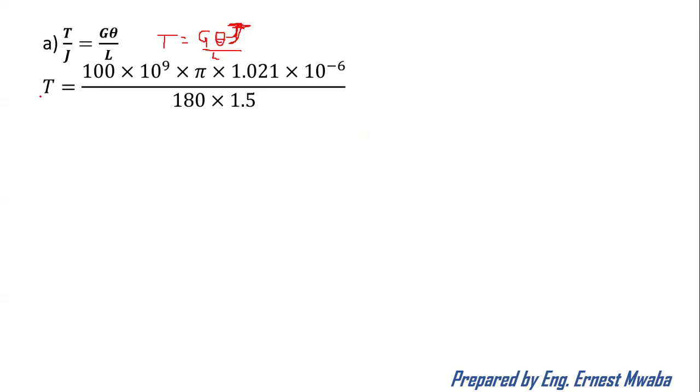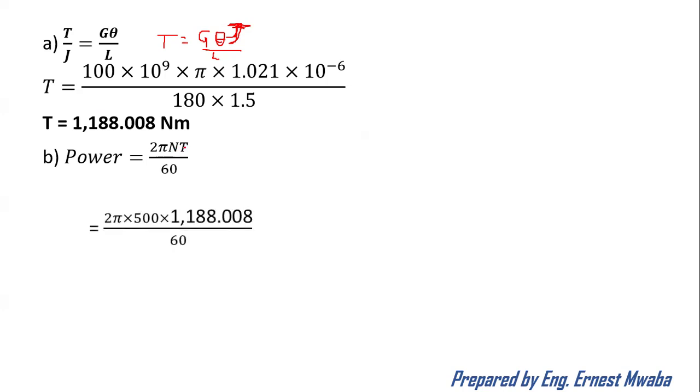Then that gives us our T. And that's our answer, 1188.008, which is basically like 1188. Then you can go ahead and find your power. 2 pi nT over 60, meaning 2 pi n by that over 60. And your answer is therefore 62,203.95 watts.